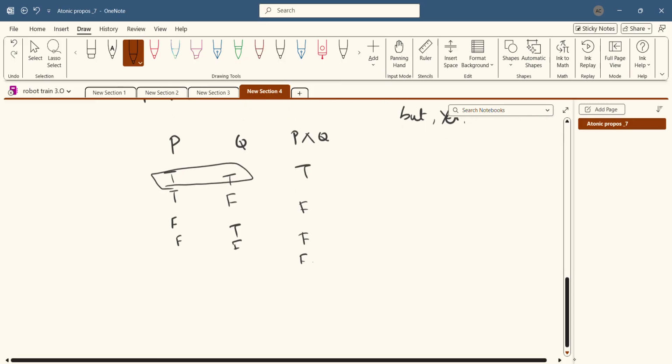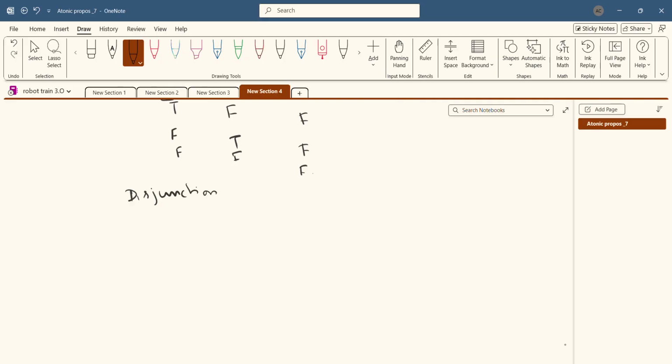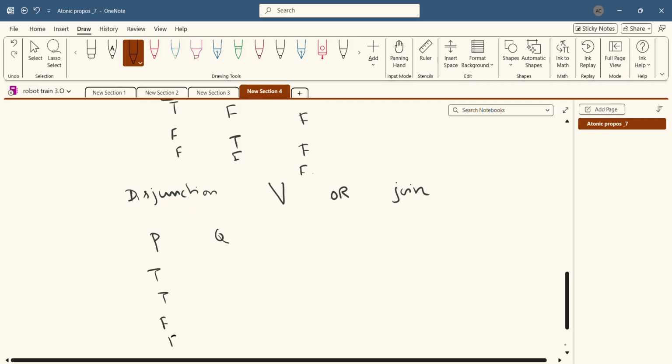Next one, disjunction. We can use this symbol for disjunction. We can call it 'or', or simply we can call it 'join'. So here also we can assume two simple propositions. The truth table for disjunction is P, Q: 2 trues followed by 2 falses, then 1 true followed by 1 false.